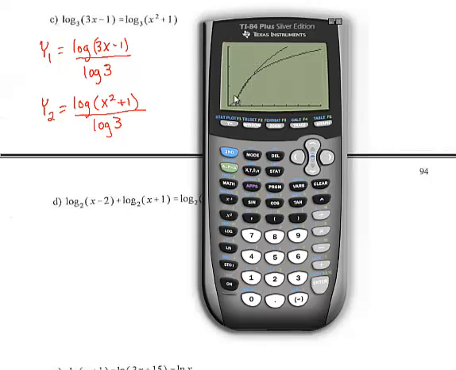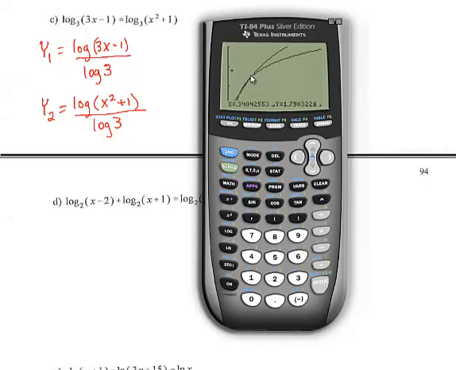So right up in here you can see it looks like they're going to intersect in more than one place. We could get a closer look using zoom box. We want to pick the corners of the box.